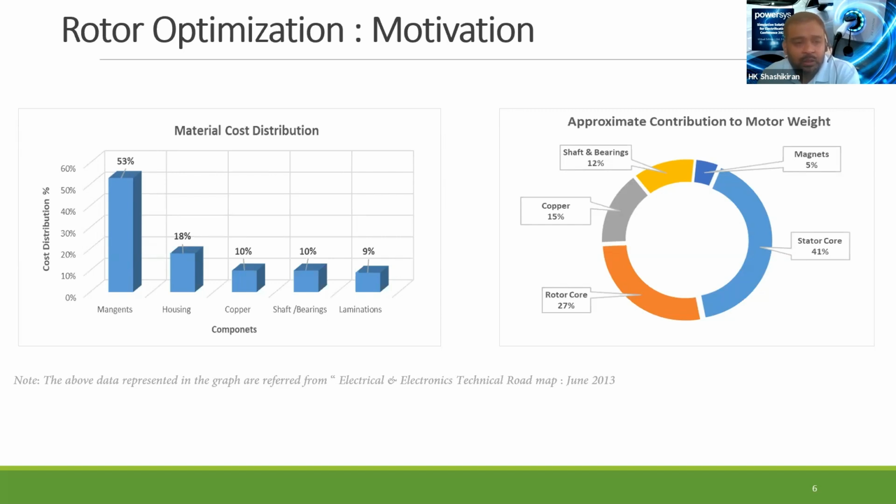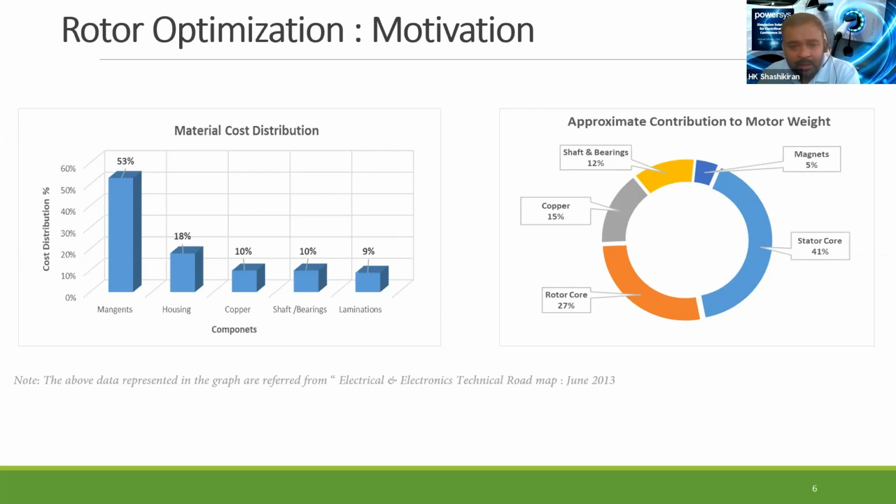So 53% of the cost is coming from the magnets, and that sits in the rotor. If you look at the approximate weight distribution, the magnet is close to 5%, and the major component of the weight is the stator core at 41%, and that only accounts for maybe 19% of the overall material cost.